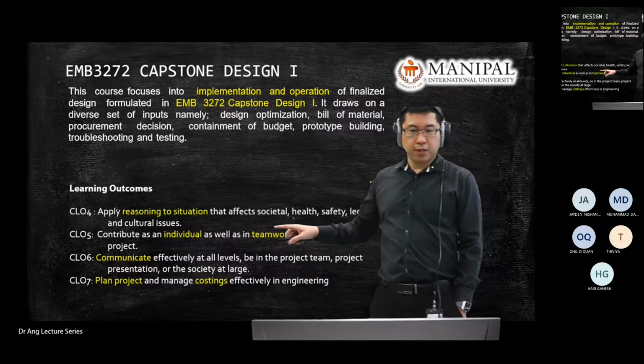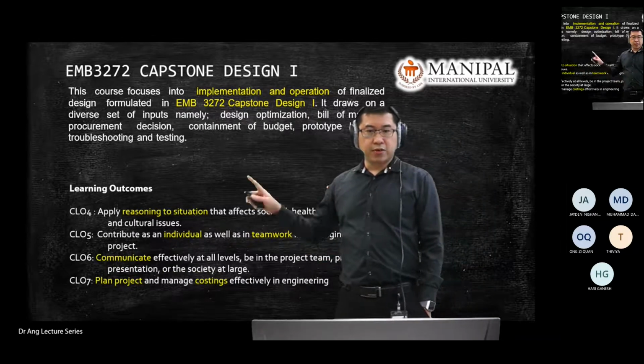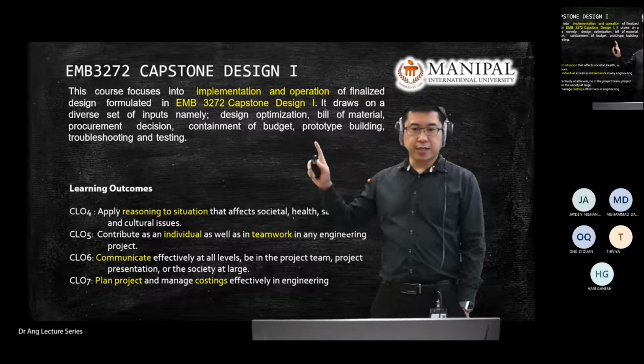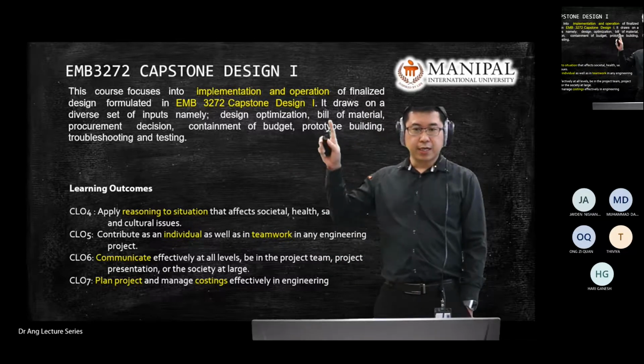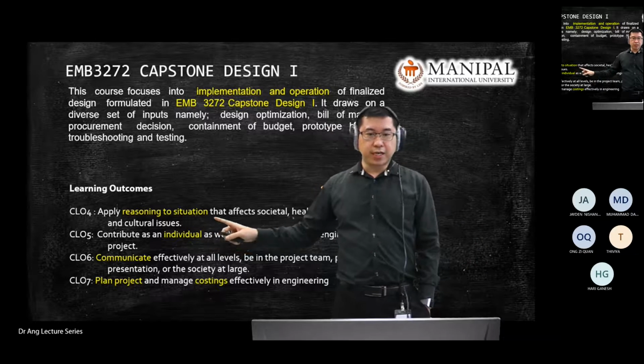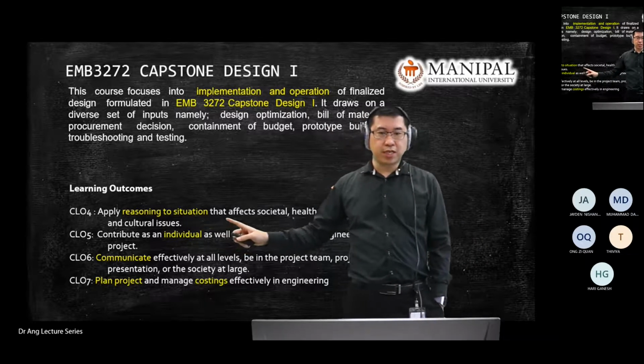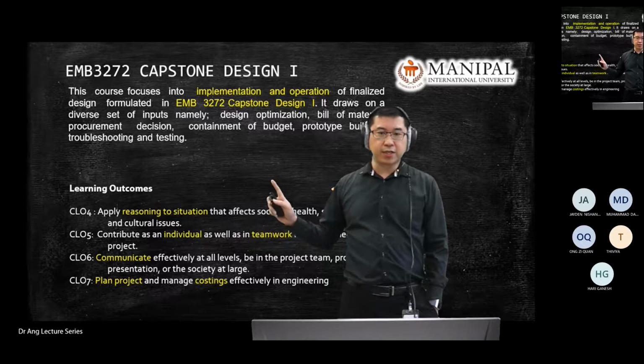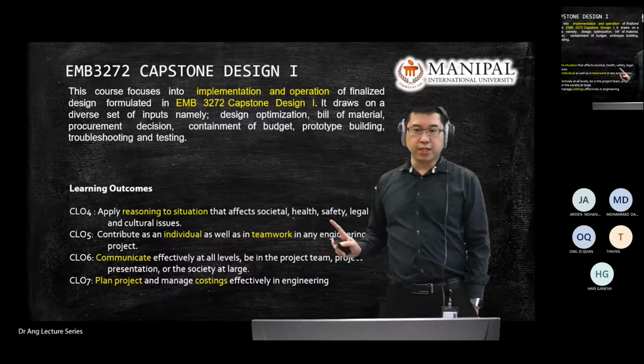Number four, in your design later on, in your presentation later on for prototype building, for Capstone number 2, we hope to see that you're able to consider the effect of your design to all these things.